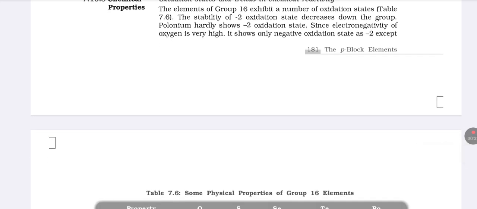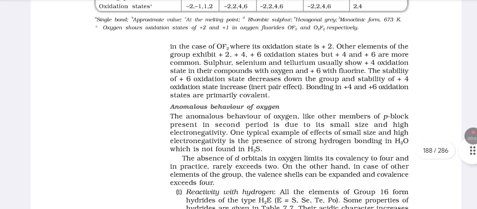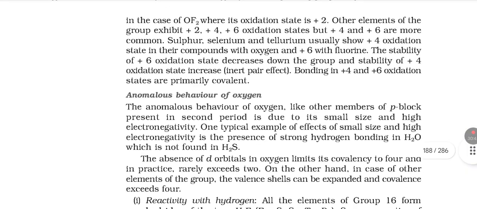Since the electronegativity of oxygen is very high, it shows only the negative oxidation state of -2, except in the case of OF2, where its oxidation state is +2.